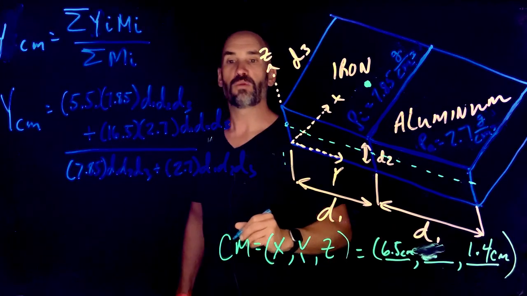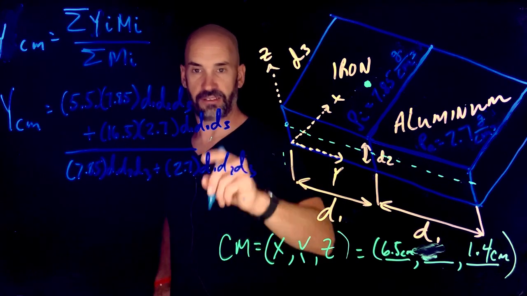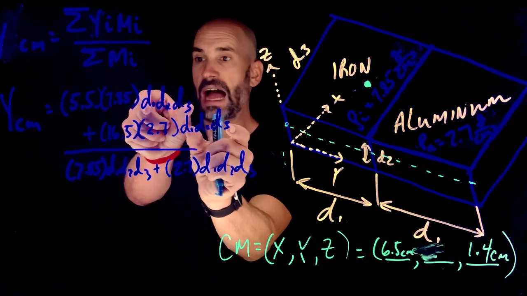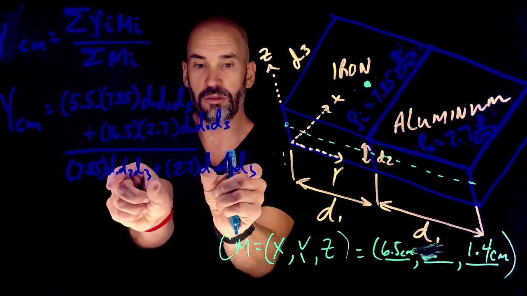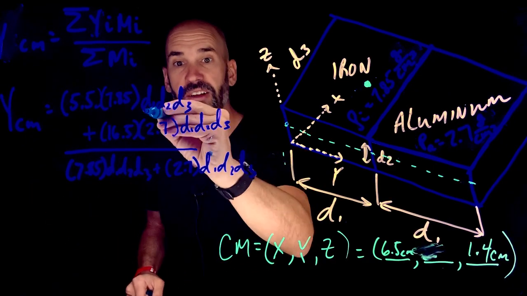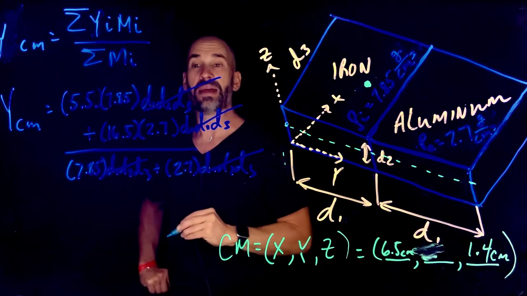Now, this is why I kept these D1, D2, D3s as they are without canceling them. They all cancel. I can pull D1, D2, D3 out of both of these terms, and out of all these terms. You have the same thing in every term, so they're going to cancel out. That makes life much easier.